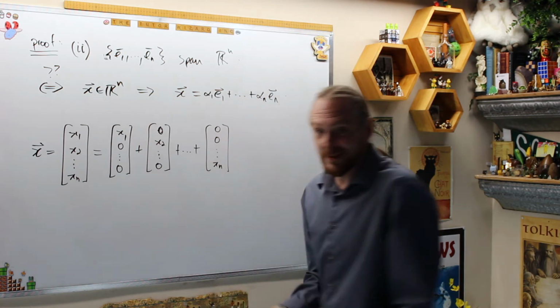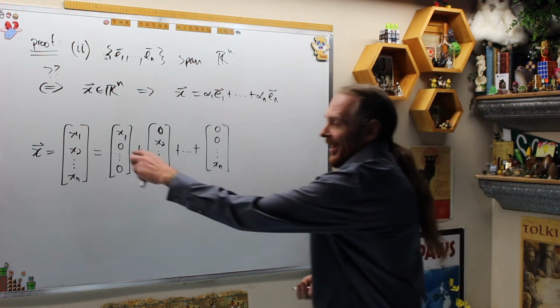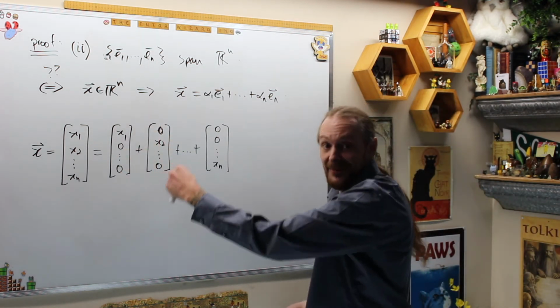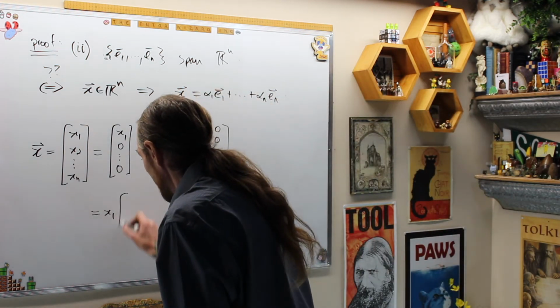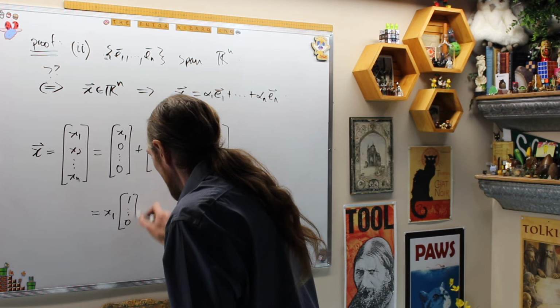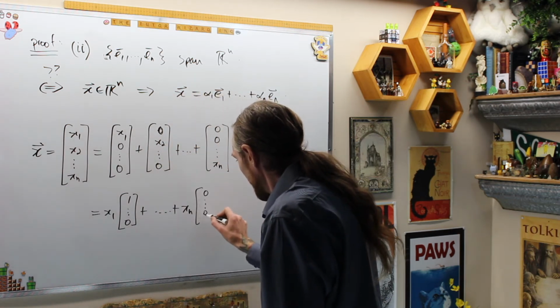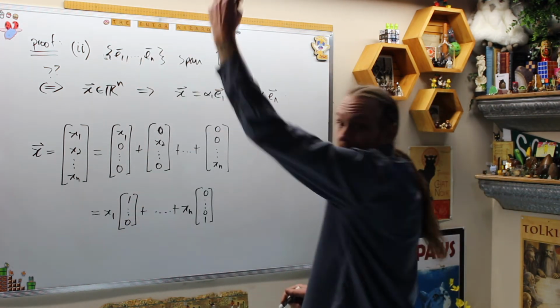Yeah. So what I did was I just split that single vector as the sum of n vectors. And now I can write 0, x1, 0, x1. So these all have an x1 in them. I can factor the x1 out of them. And this is going to be, well, what is this? This guy is E1.